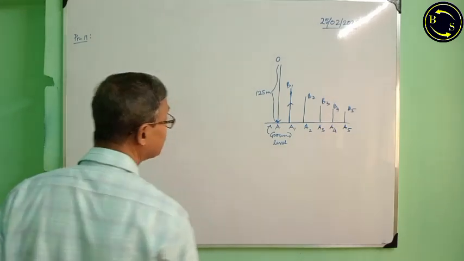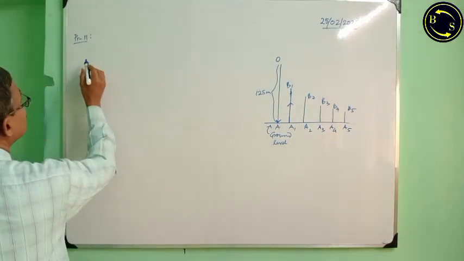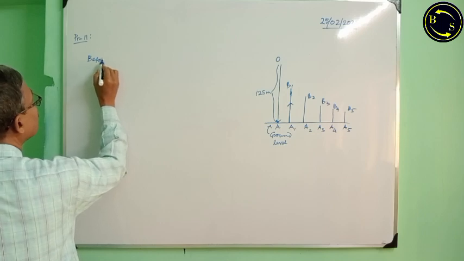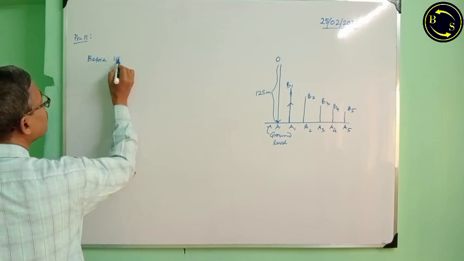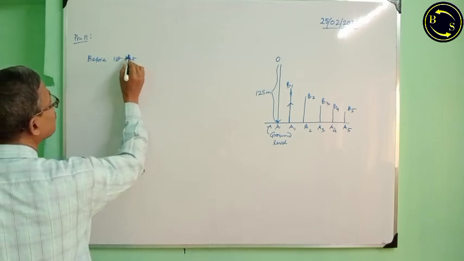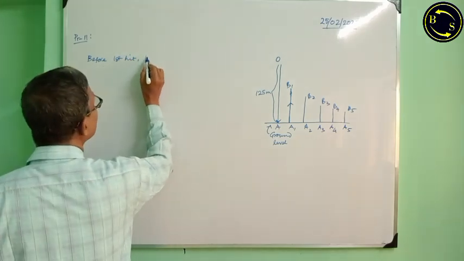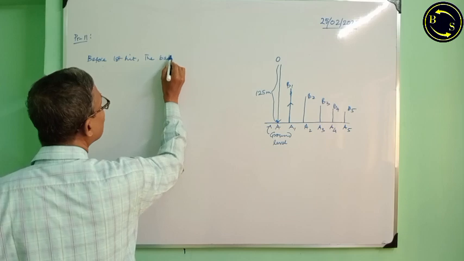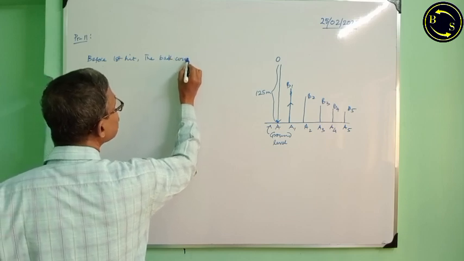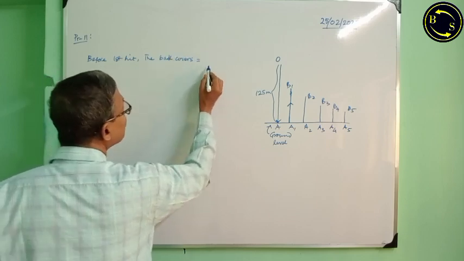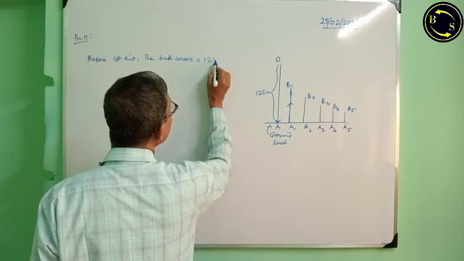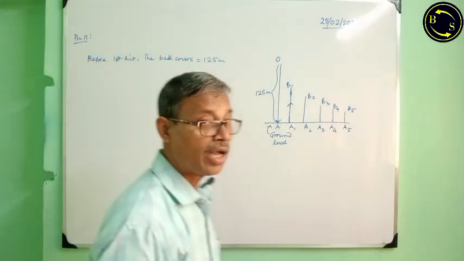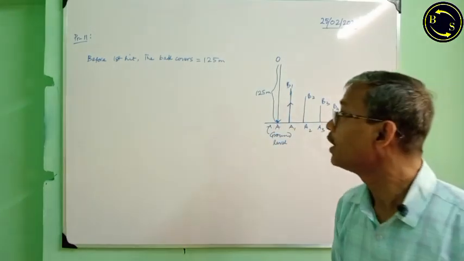And right here, before the first hit, the ball covers 125 meter, as it is dropped from a height of 125 meter.